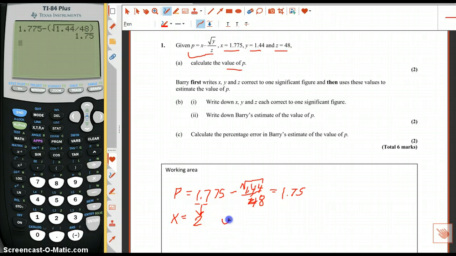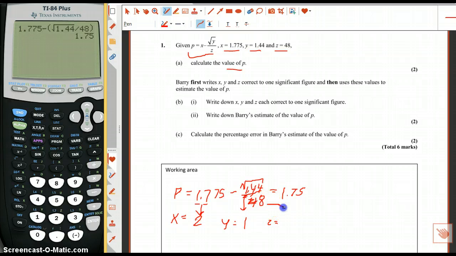Okay? What about y? Y is normally 1.44. Now let's write 1.44 as one significant figure. Well, the one significant figure would be 1. Do we keep a 1 or do we round it to 2? Well, 4 is less than 5, so we keep a 1. So y is just equal to 1. Last of all, we have z.